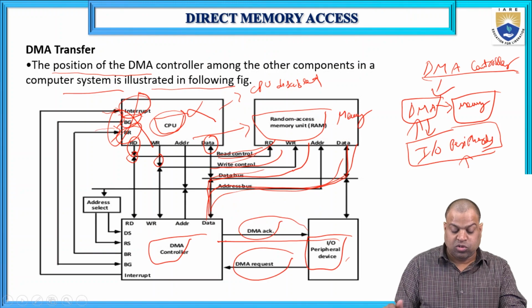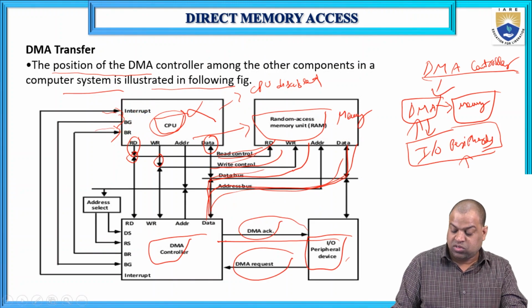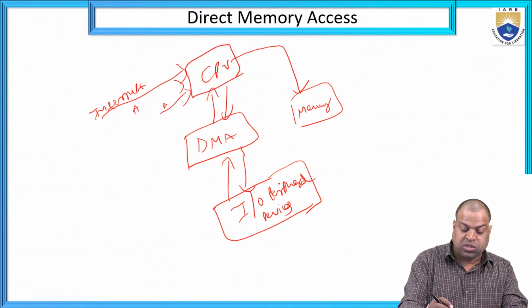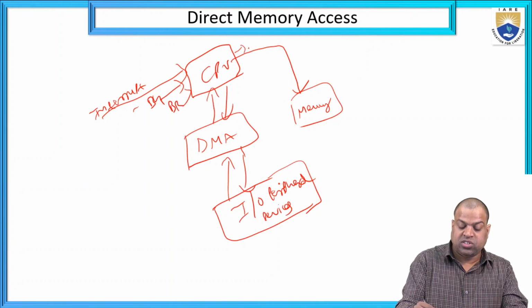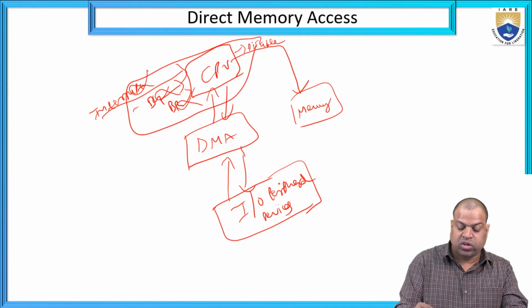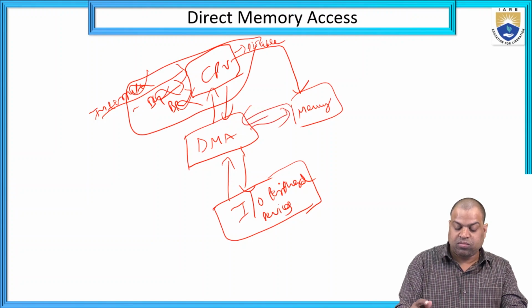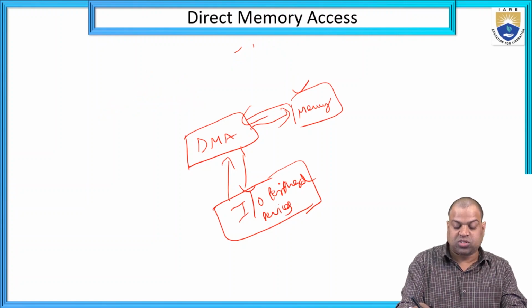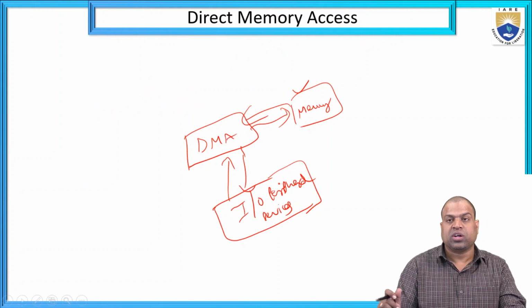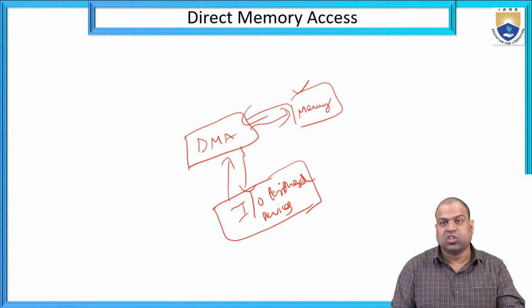Suppose I have no need of any bus grant or bus request. If it is disabled, there is no interrupt, no bus grant, no bus request. DMA to memory, no need of any CPU like this. It is a process of the CPU connected to DMA and the CPU without connection of DMA.